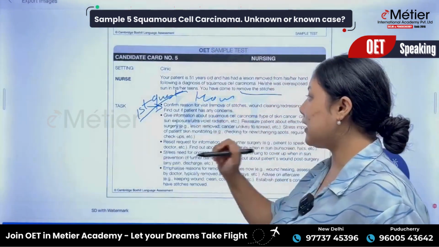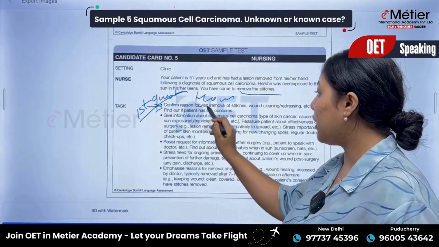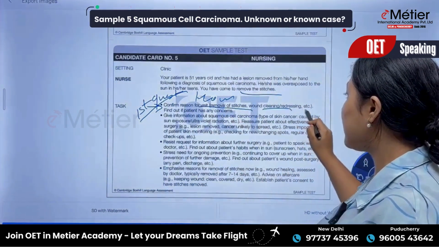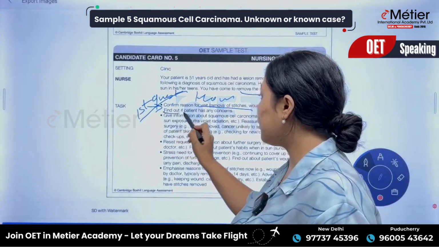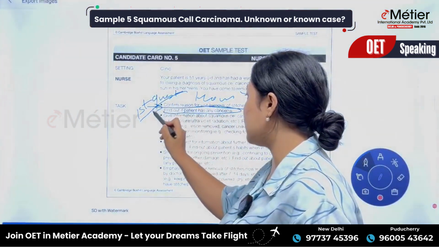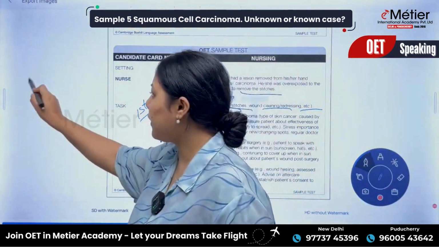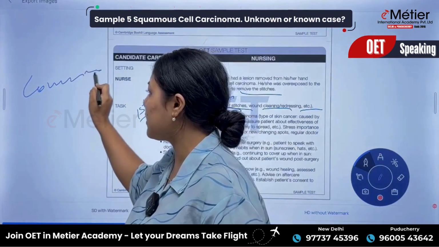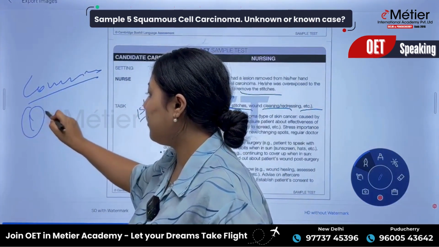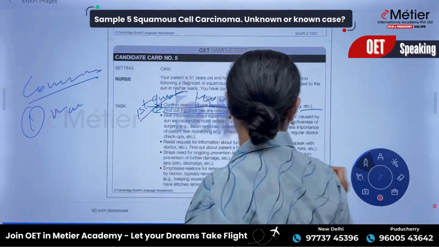So we'll simply state that, Mr. John, I've come to remove your stitches, do the wound dressing and cleaning, and I want to know your concern. Do you have any concerns? Okay? There are various ways of asking concerns of the patient, as you must have learned. May I know your concern?